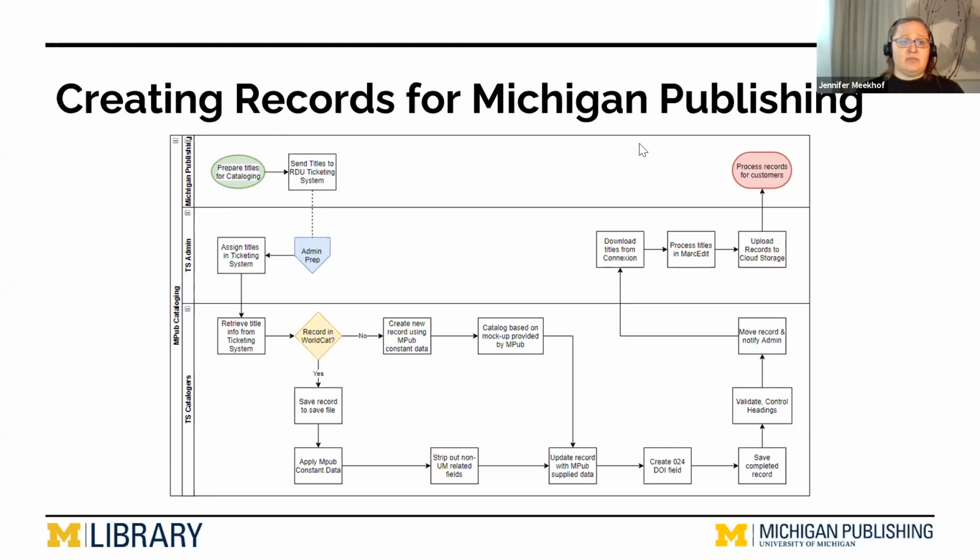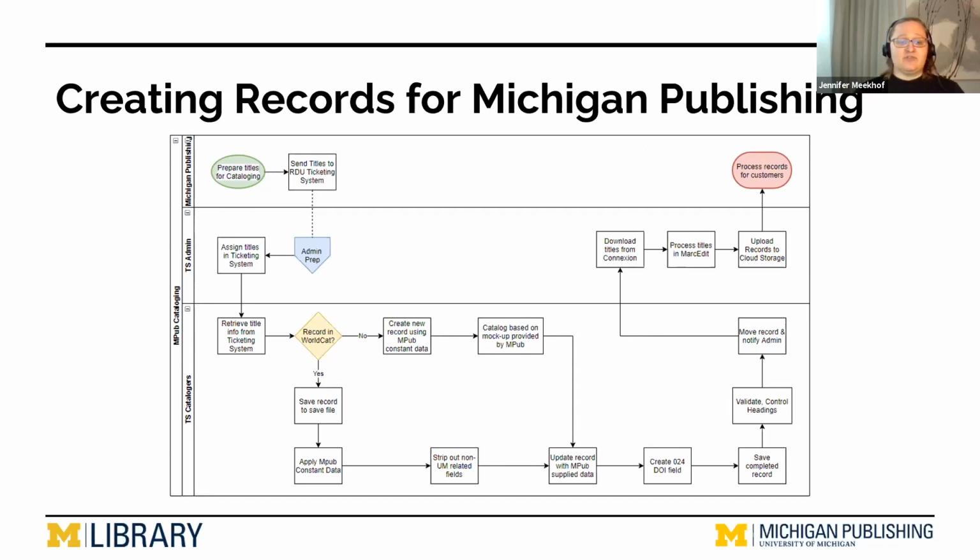The other workflow that we have, one example would be when Michigan Publishing was starting the UMP EBC, they sent me a big list of backfile titles, and I worked with one of our systems folks to identify all those titles in our catalog, pull them out. It was a combination of print and electronic.